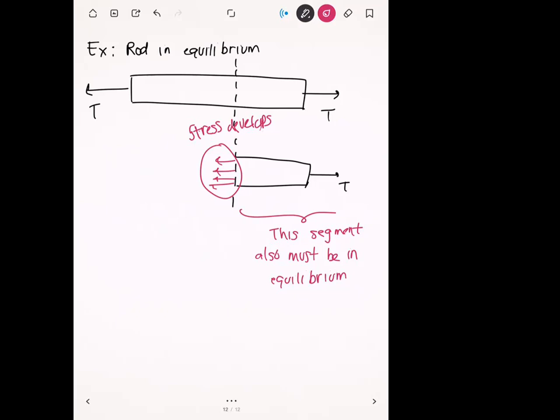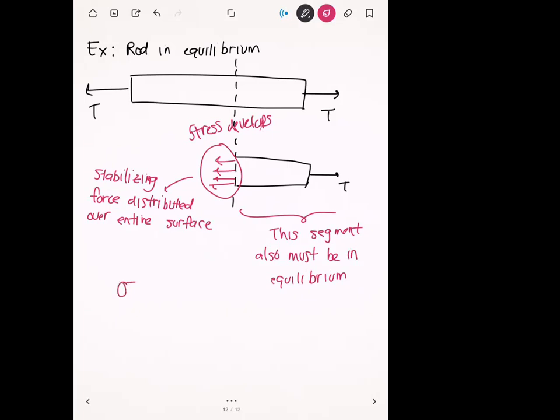And just like on the previous page, we'll call this stress sigma.